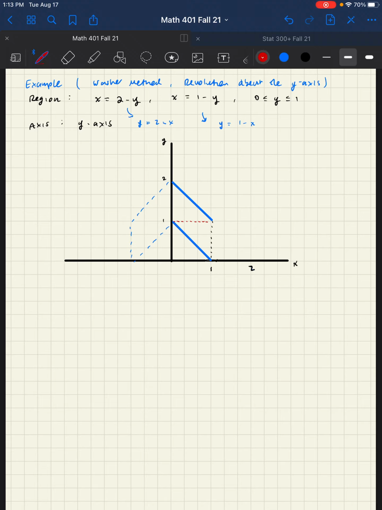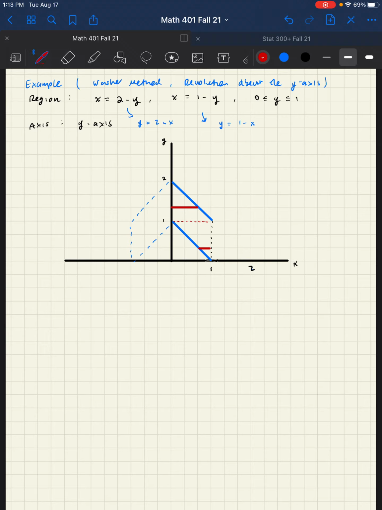I'm not going to draw all that because I want to make this picture as clear as possible. Namely, when I draw in my infinitesimal slices that are going to make my rings, I actually get 2 cases here, because I'm looking at 2 distinct pairs of curves.